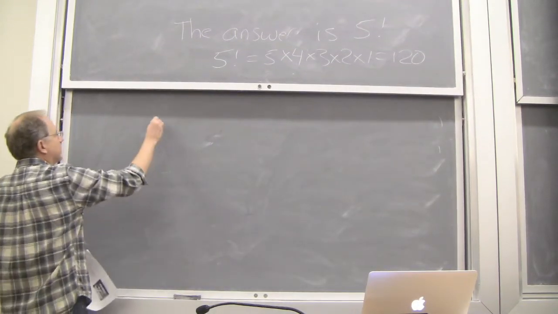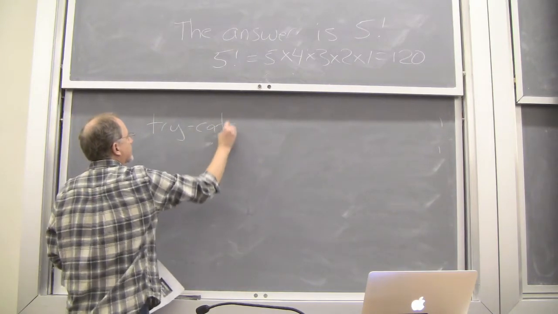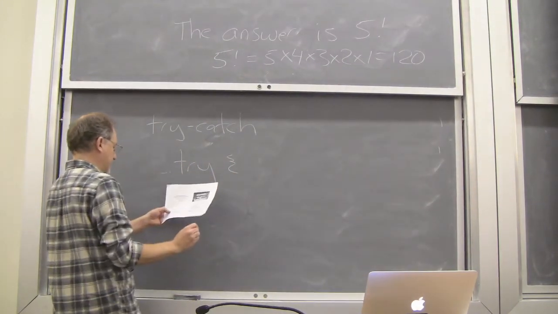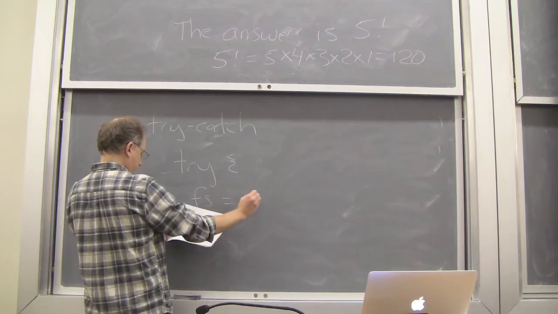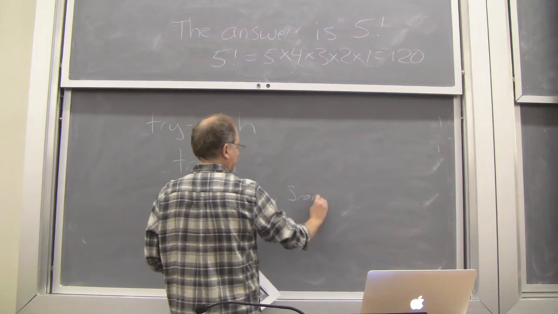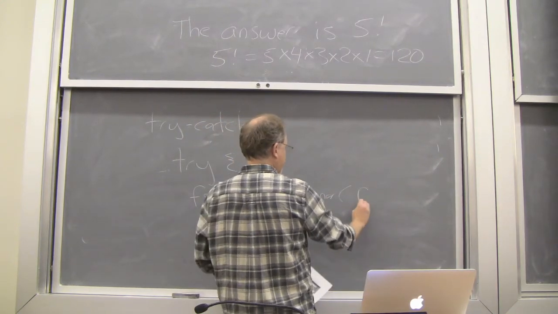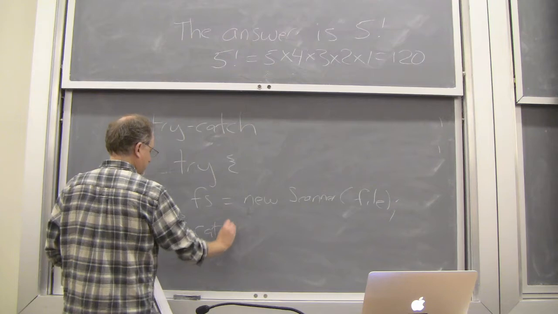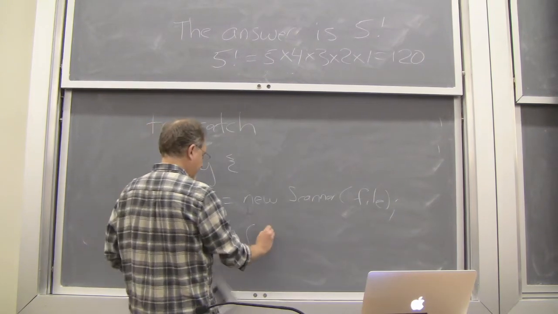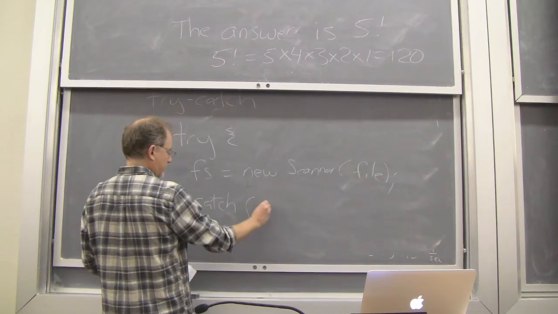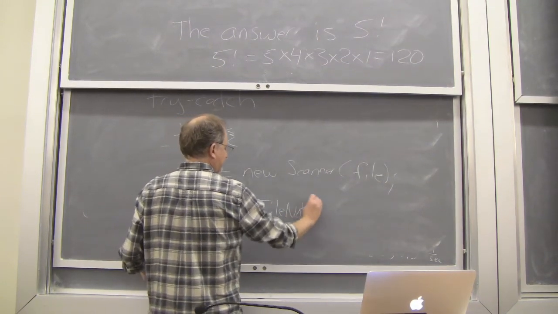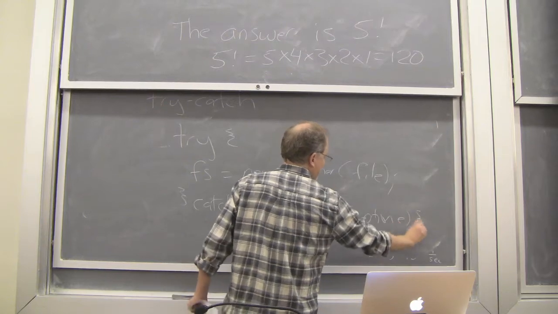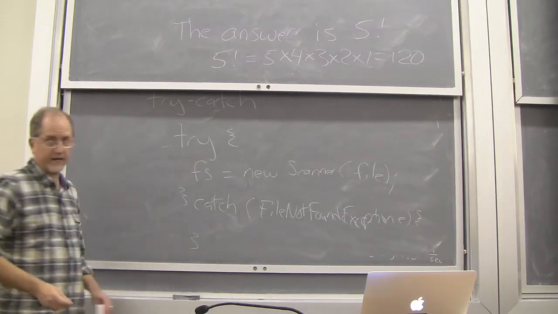All right, we've seen try catch, right? For example, we had try equals a new scanner on a file, and if that failed, we did a catch of some exception, file not found exception E, and we did something at that point, like tried again or died or whatever we wanted to.